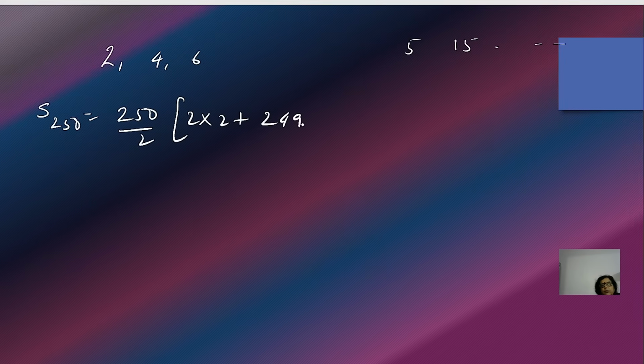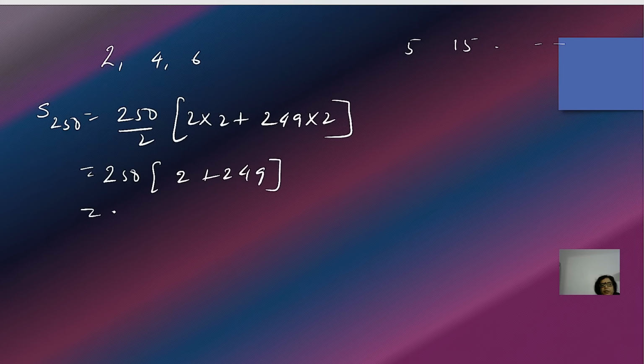So now the summation of these 250 terms, S250, will be equal to 250 by 2, 2 into 2 plus 249 into 2. So we can cancel out 2 from inside or outside. We can keep 250 and eliminate 2 from inside. We are left with 2 plus 249.